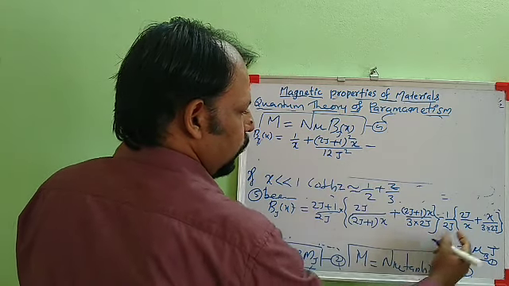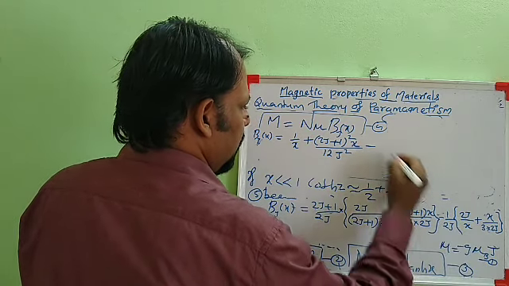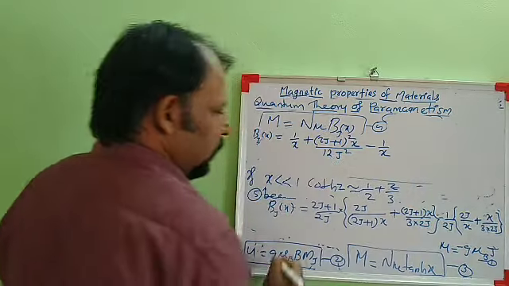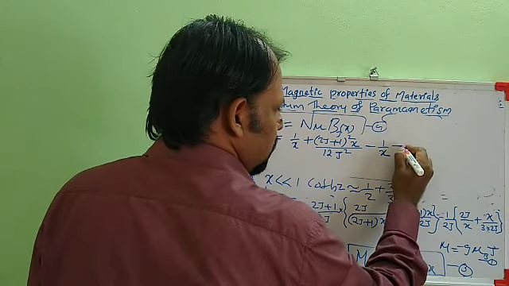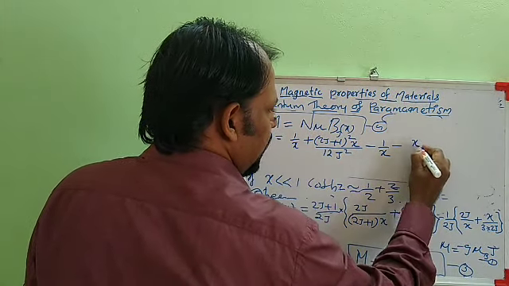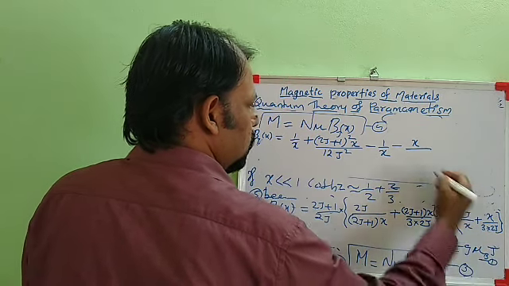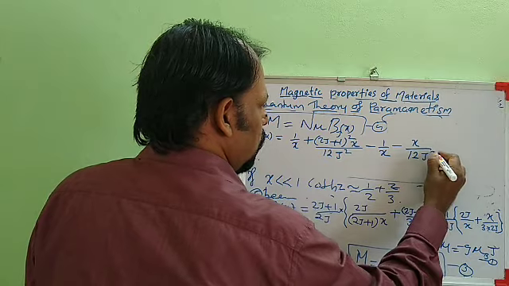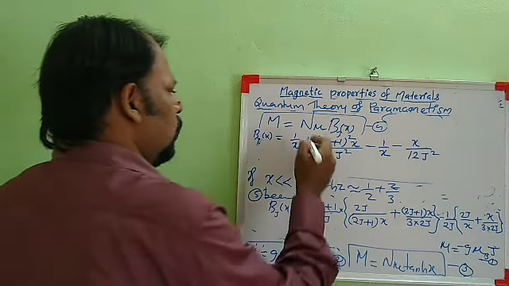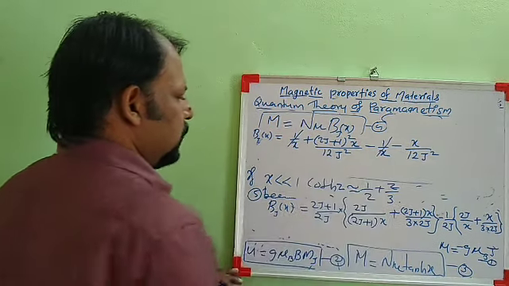Then minus 1 by 2j. This will get cancelled. Minus 1 by x. Then minus x by 2j into 3 into 2j, 12 is 12j square. 1 by x and minus 1 by x will get cancelled.